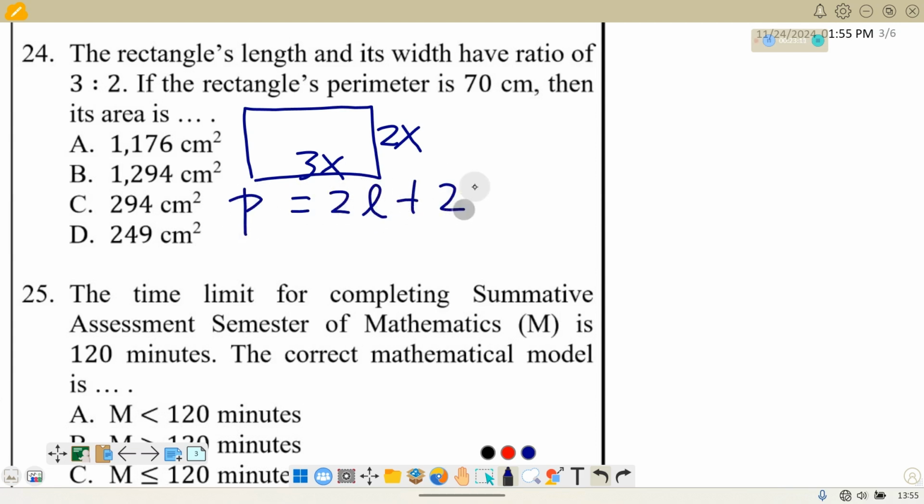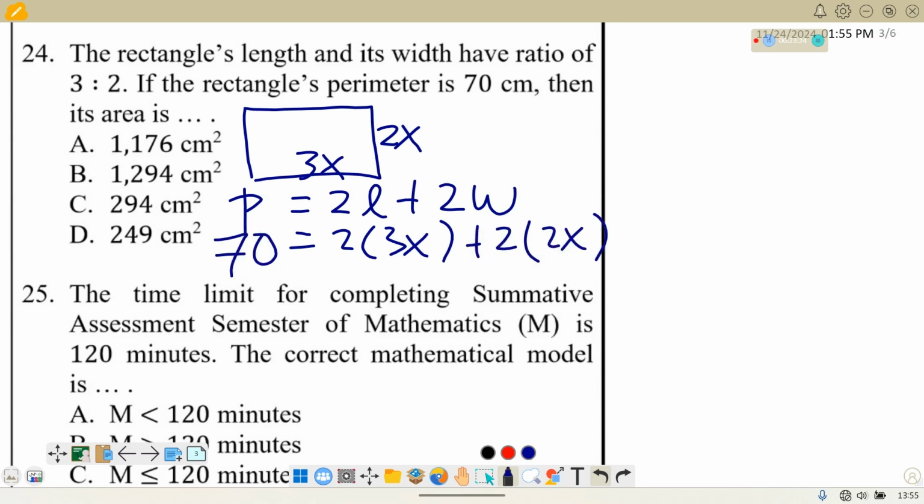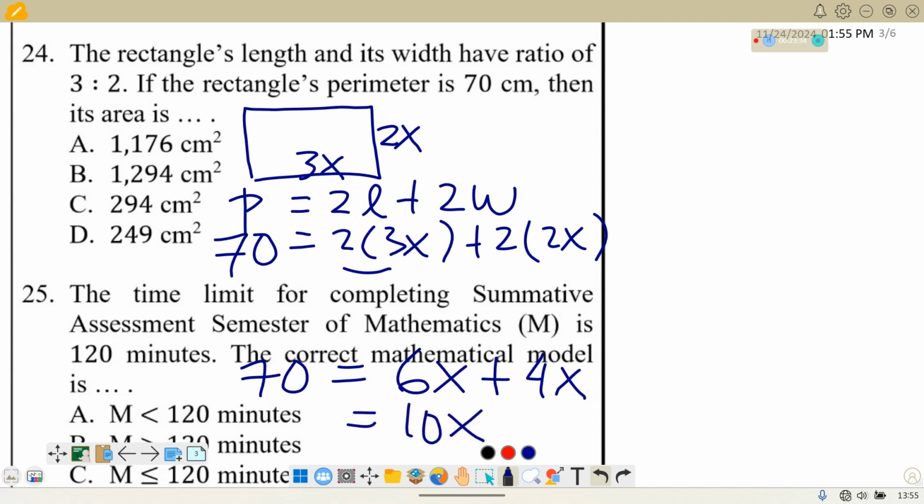So it means 2 times length plus 2 times width equals 70. And here we have length is 3x, so 2 times 3x plus 2 times 2x equals 70. 70 equals 6x plus 4x. 70 equals 10x, and x equals 7 because both sides divided by 10.